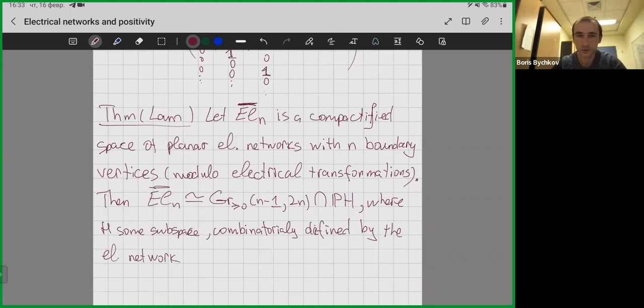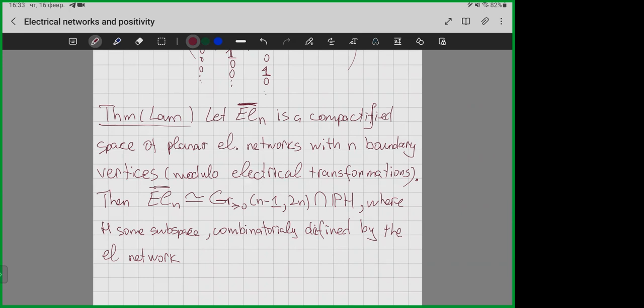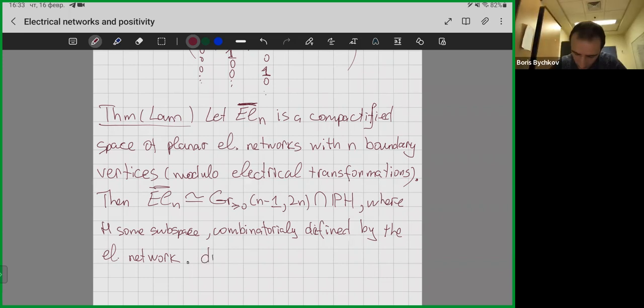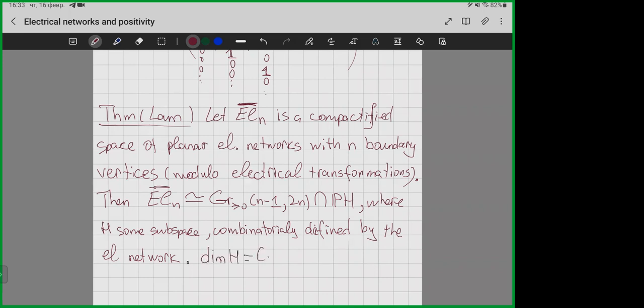So yes, of course, the dimension of this H is something strange. It's something whose projectivization is the set of subspaces. The Grassmannian is not a subset of any R to the n.